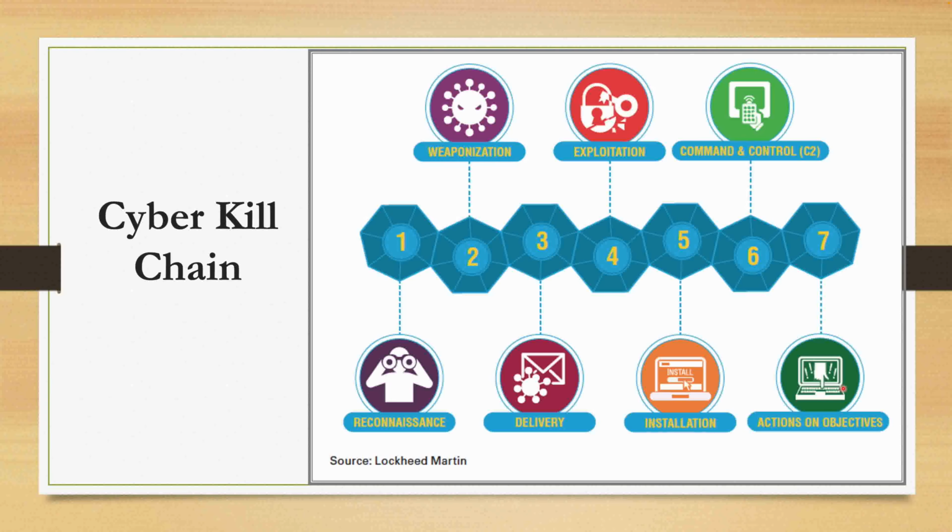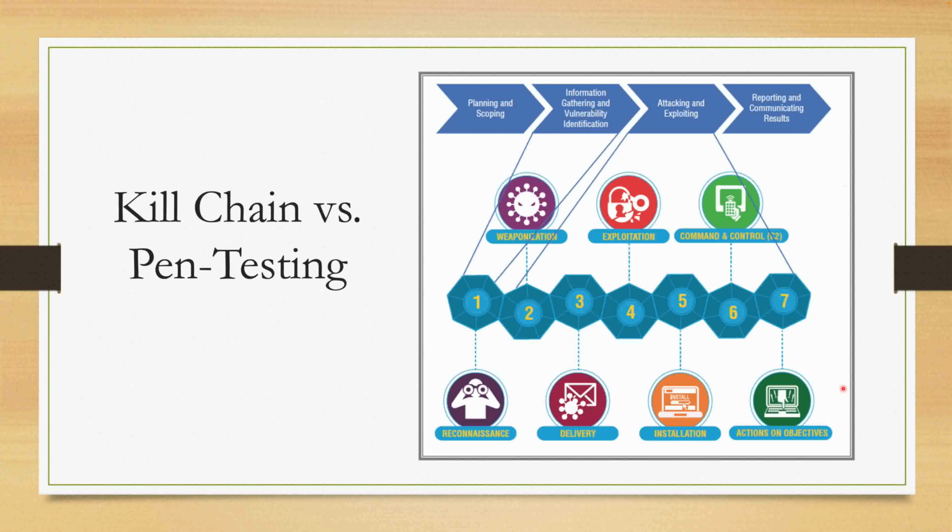there are advanced frameworks like MITRE ATT&CK and the Unified Kill Chain that provide even more granular details about the tactics and techniques attackers use. Now, what is the difference between the kill chain versus pen test?